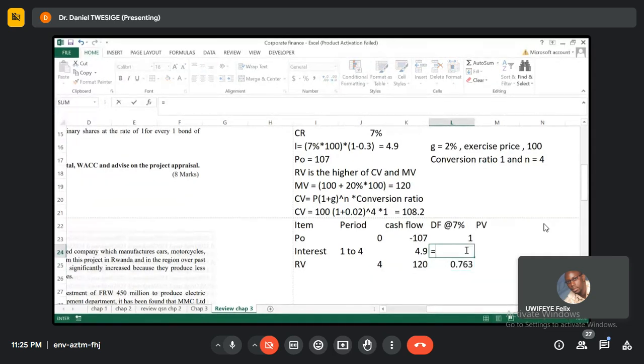Then here it is an annuity. 1 minus (1 plus 0.07) power minus 4, divided by 0.07.